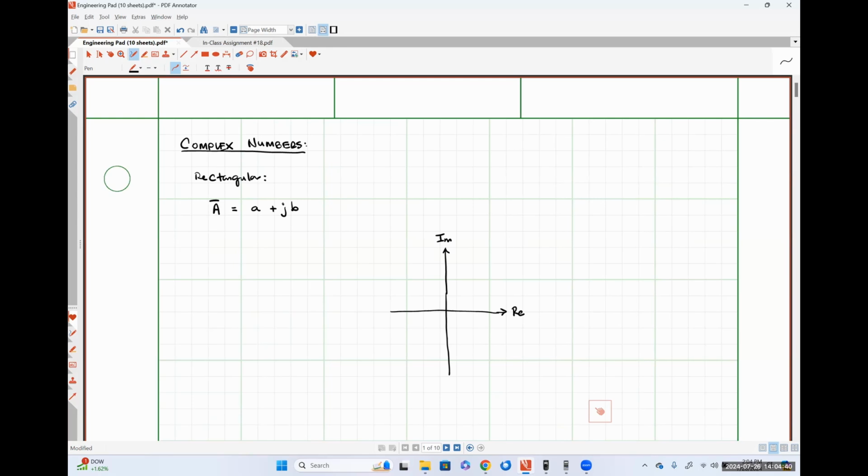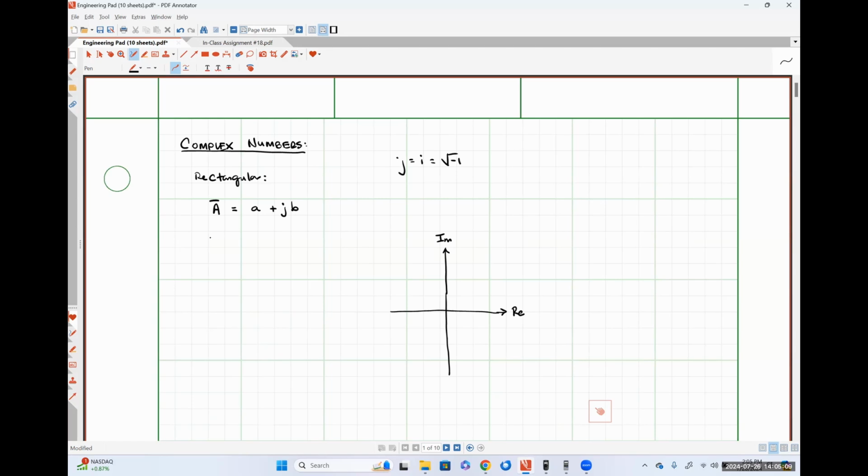Before we move on, I want to define our imaginary operator j really quickly. j is literally just the same thing as the imaginary number i, which is simply the square root of -1. We use j in electrical engineering because we use i to represent current so often that it would be confusing.